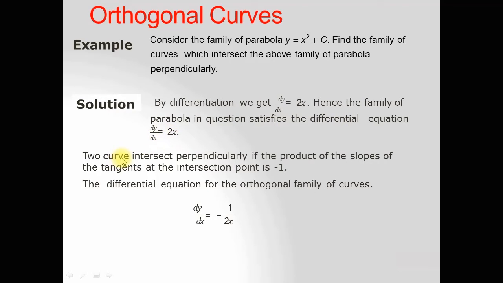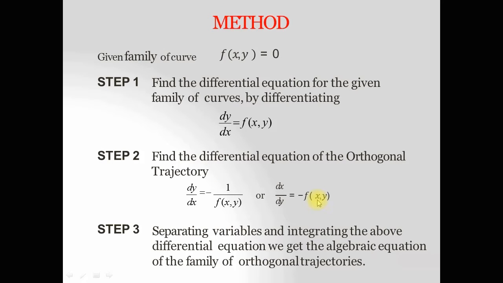Now two curves intersect perpendicularly if the product of the slopes of the tangents at the intersection point is minus 1. So dear students, as I have already told you, this is the given family of curves and we are going to find the orthogonal family of curves. First differentiate the given equation, and you will get the slope of the tangent of the first family of curves.